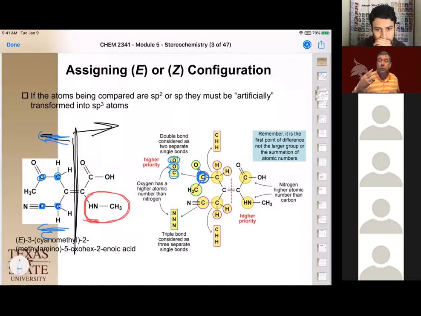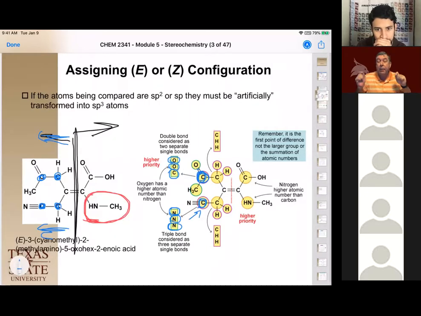This is also rule number 3. We have this carbon here, and it's bonded 3 times to nitrogen. The first one is our sigma bond, the second one is our first pi bond, and the third one is our second pi bond. So that means we have oxygen, oxygen, carbon attached to that carbon, and nitrogen, nitrogen, nitrogen attached to that carbon.